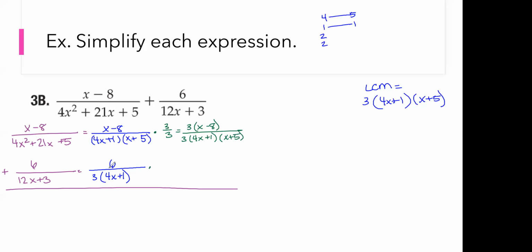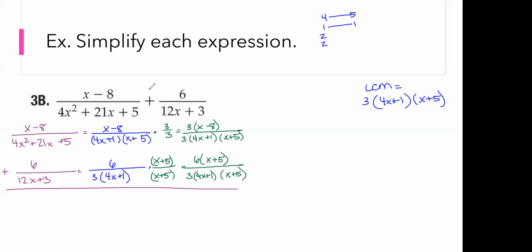Over here, what's missing from this 3 times (4x plus 1) to get this? It would be the x plus 5. Okay, so then my numerator is 6 times (x plus 5), and my denominator is 3 times (4x plus 1) times (x plus 5).